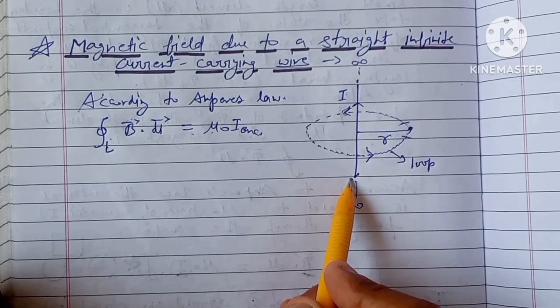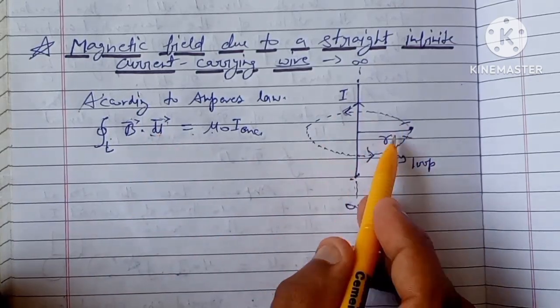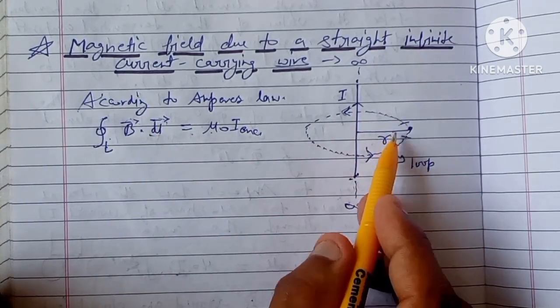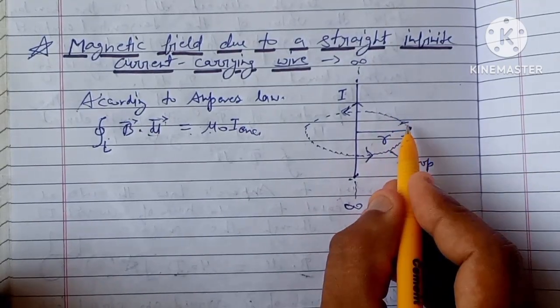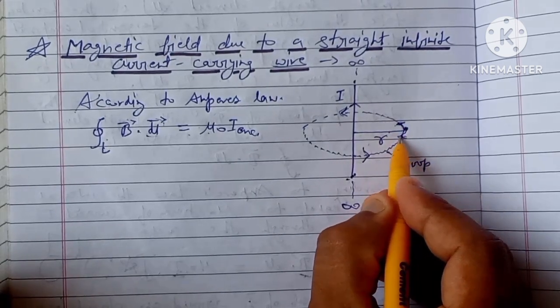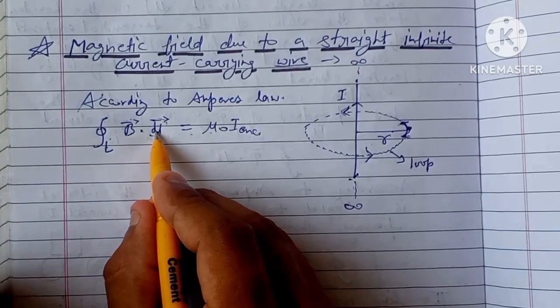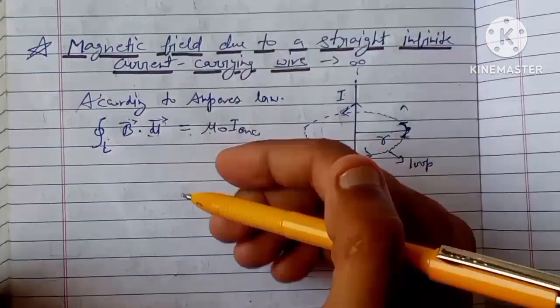Now, firstly, I will choose a small length vector on this loop. My main aim is to calculate the magnetic field at this point, so here I will choose a small length vector, that is dl vector. My dl vector is in this direction because this is the direction of my closed loop.